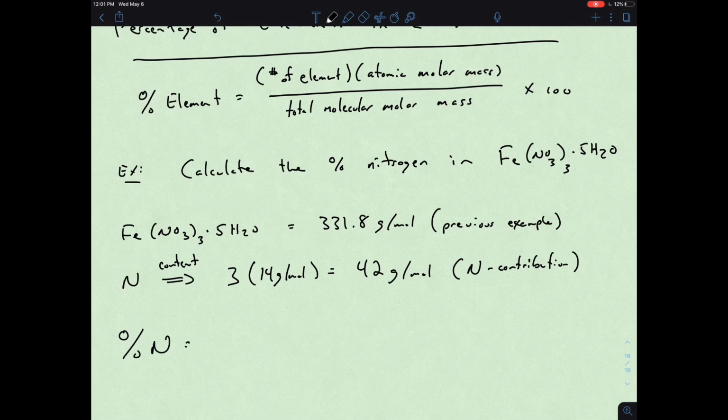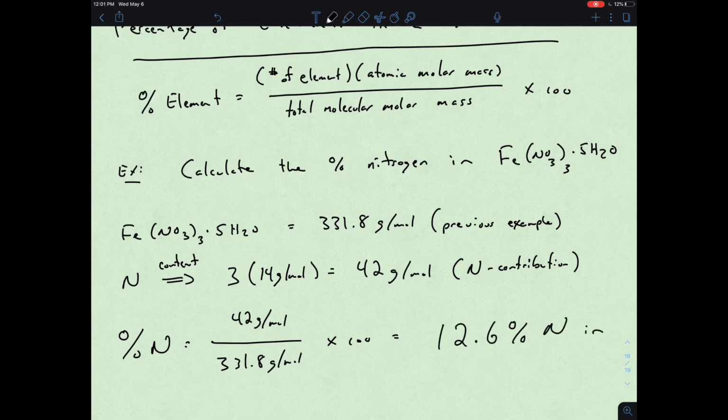So my percent nitrogen would be equal to my 42 grams per mole divided by my 331.8 grams per mole, to give me a percentage of 12.6% nitrogen in this molecule. So that's how we can look at percentages in terms of an atom within a particular molecule.